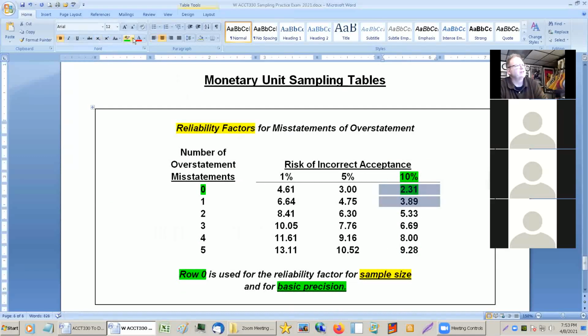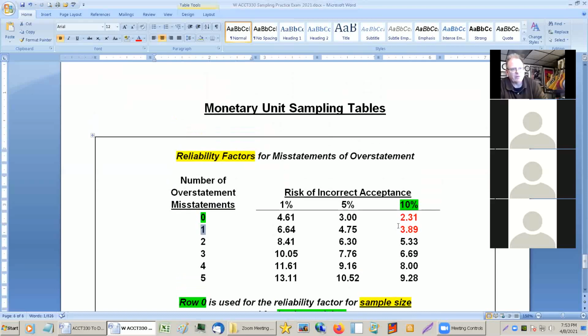Let's do it in red. Here's what the increment is. It goes up by some increment when you go from a number of misstatements or overstatements, from 2.31 to 3.89.